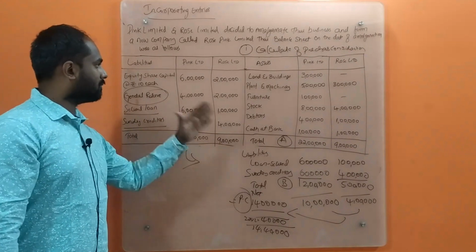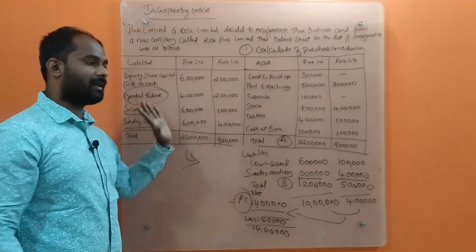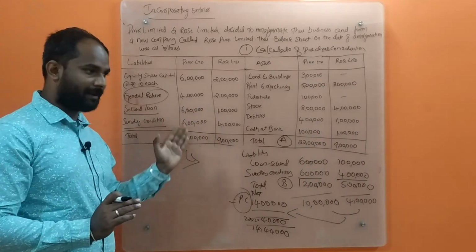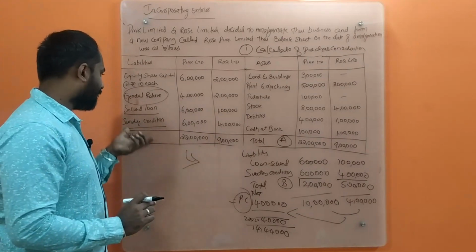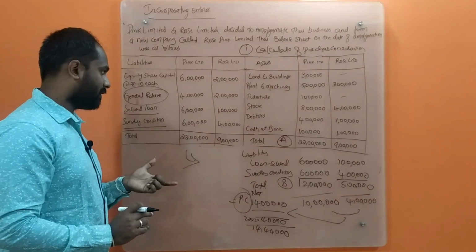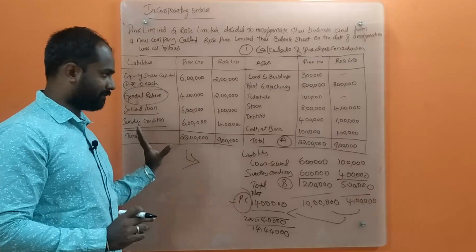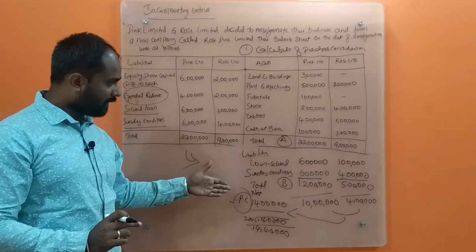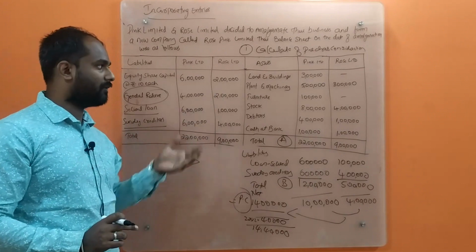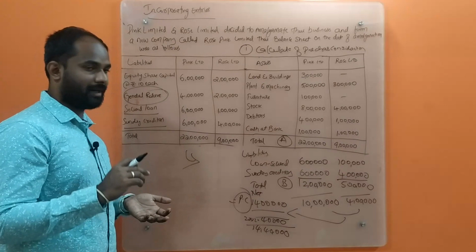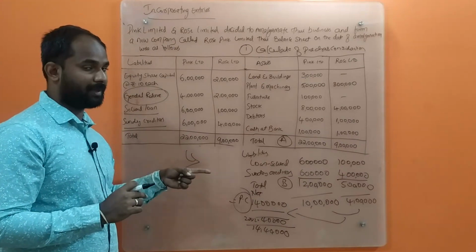So usually this is the first step: calculate the purchase consideration. Take your total of assets and net off with your liabilities. Only current liabilities you will be considering here, and you will not consider any fictitious asset. For example, in assets also, if you have any prepaid expenses or other fictitious items like patent, trademark and all, we will not be considering them.